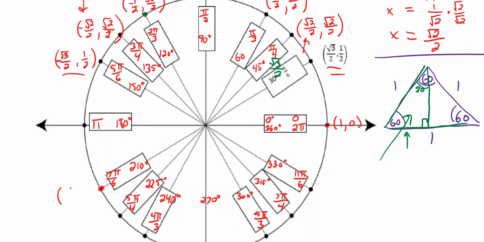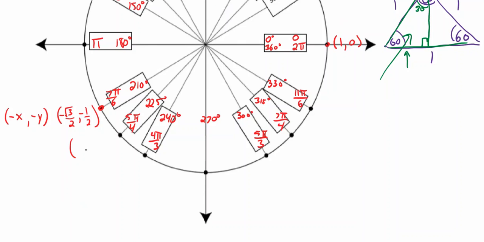We just got to make sure we get our negatives right. So we get root 3 over 2, comma a half. But then on this case, this would be a negative x value, negative this way. This would be negative root 3 over 2. And then going down, this would be negative a half. So that's the way we have to write it for our point too, right? So this is going to be negative and negative. And they're actually all going to be like that. This will be negative x and negative y's for all the ones in quadrant 3.